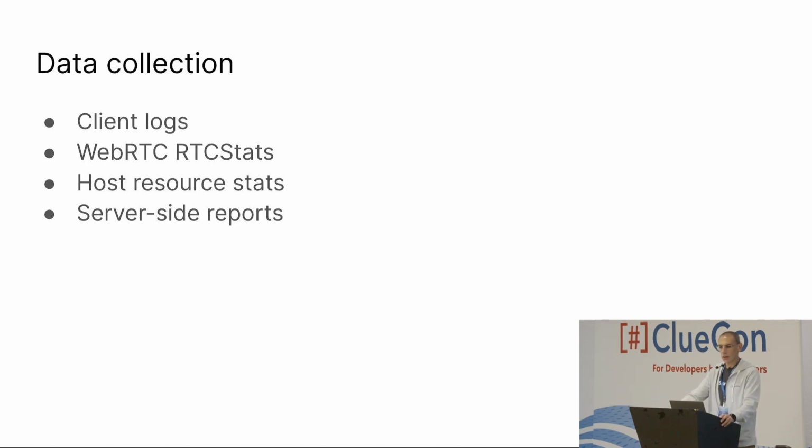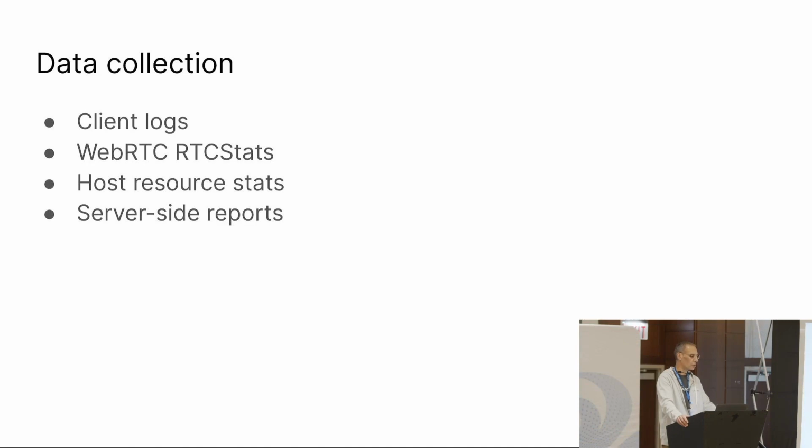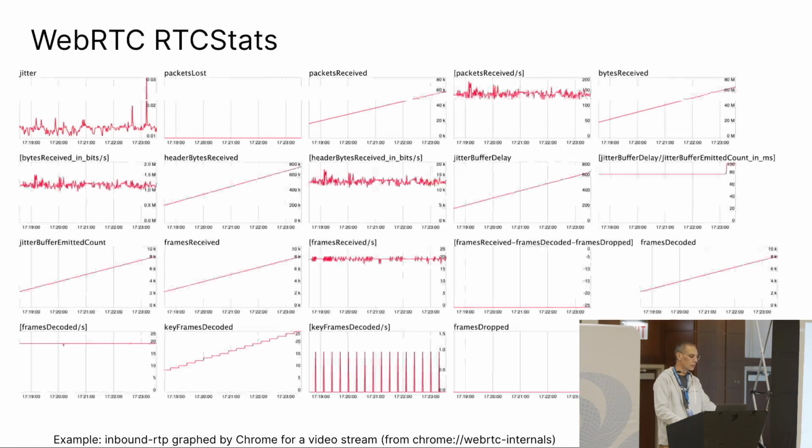So the logs that can be produced by the clients themselves, and a very important resource is the WebRTC RTC stats that are available from the WebRTC client itself. Of course, you can then map it to what you see on the hosts that you are using in your custom server-side reports.